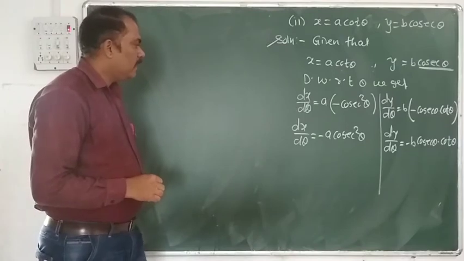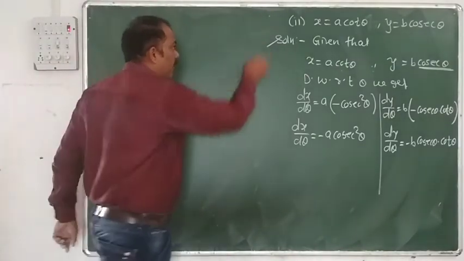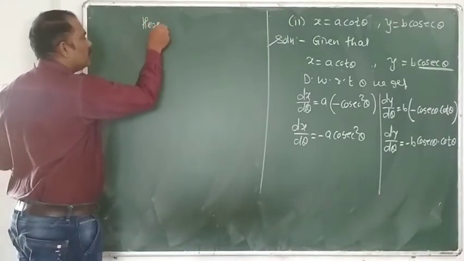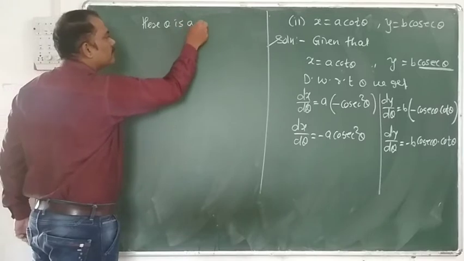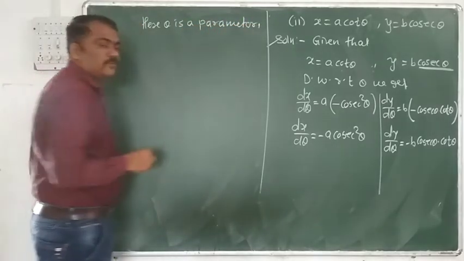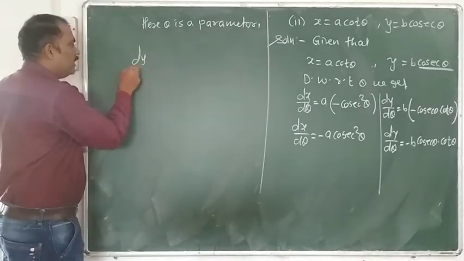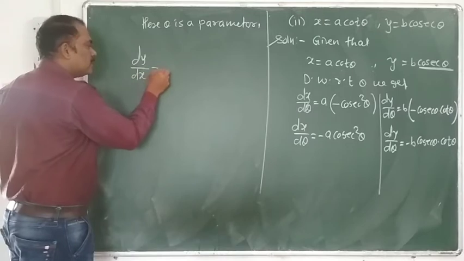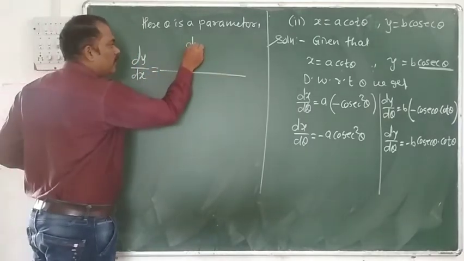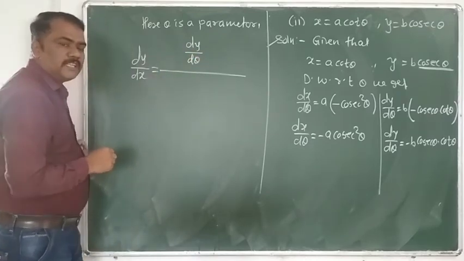Now we have to find the value of dy by dx, and here theta is a parameter. So by using the theorem related to derivatives of the parametric function, we can write dy by dx is equal to, this is the main division sign, in the numerator we can write dy by d theta, because theta is here the parameter.